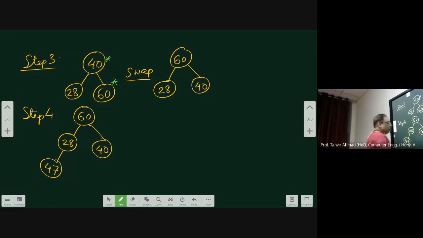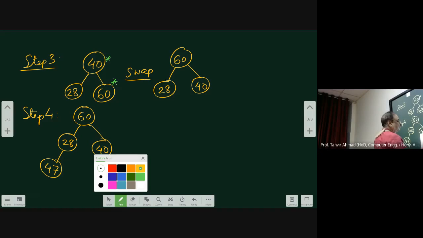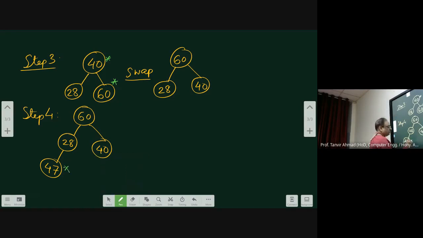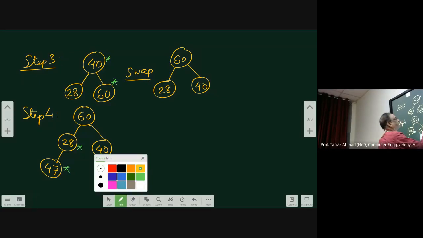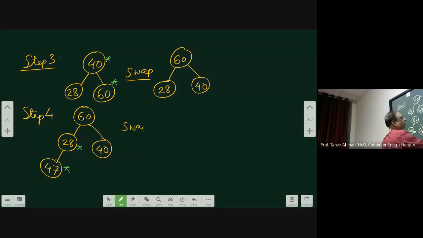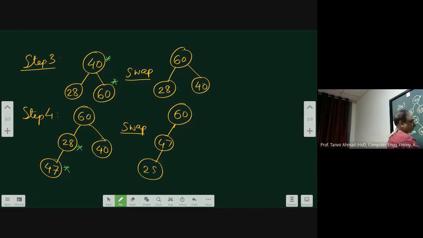Then what I am going to do, I am going to swap these two, and I am getting a tree which will be like this. And this is now perfect.